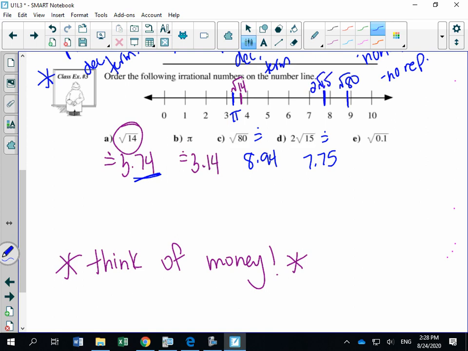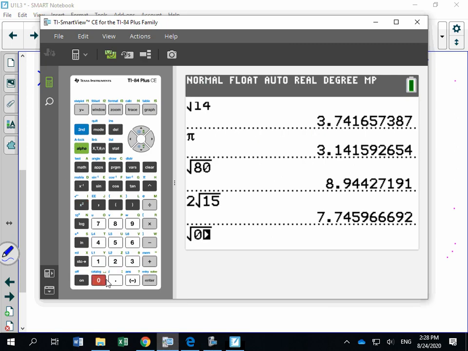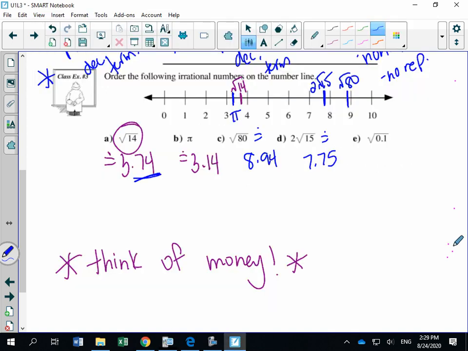And the last one is the square root of 0.1. 0.1, which is 32 cents if I round. So approximately equal to 32 cents. That would be 50 cents. So I'm going to go a little less than that. And I'm going to say that's the square root of 0.1.